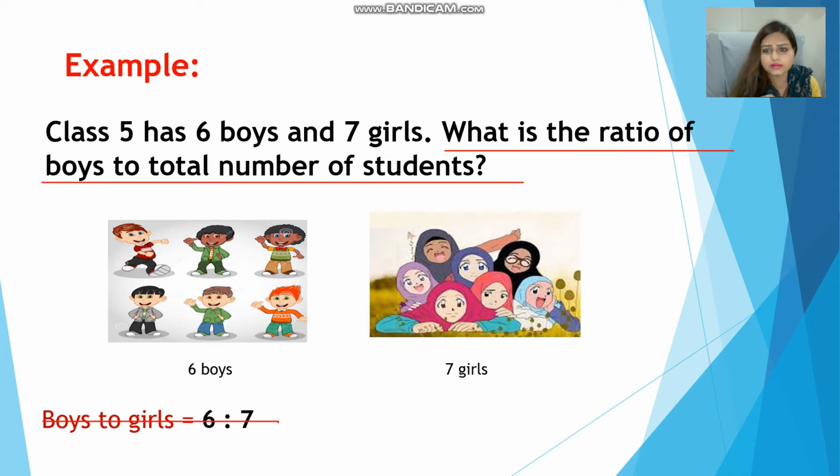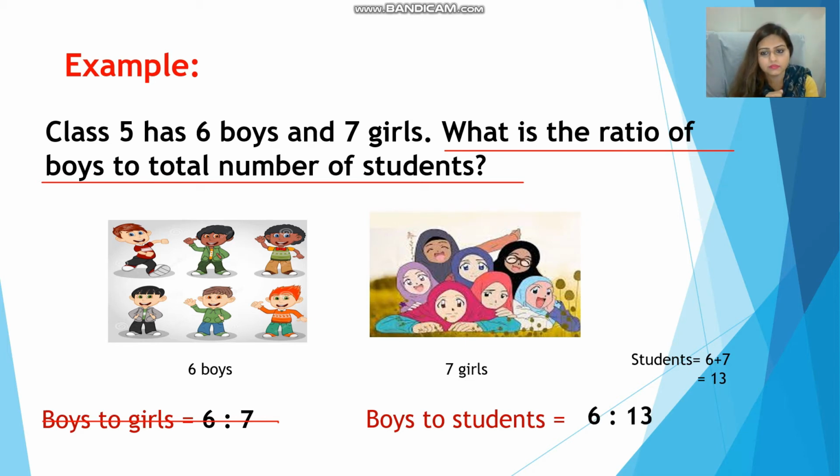They are asking us to write the ratio of boys to the number of students. We know the number of boys, but we don't know the number of students. For that, we need to add one more step to find the number of students. 6 boys and 7 girls make 13 students. So we can write 6 to 13, which is the correct answer. So writing a ratio is not very challenging, but sometimes we mix up. So be very careful of that.